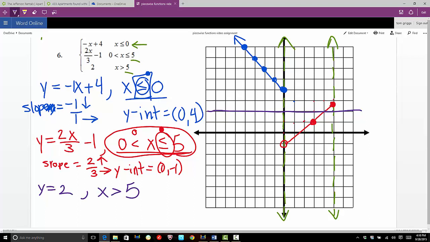So we only want the piece that starts at this boundary line and goes to the right, because that's where x is greater than 5. So we don't want the purple line, everything to the left. So that should be our complete answer on number 6.